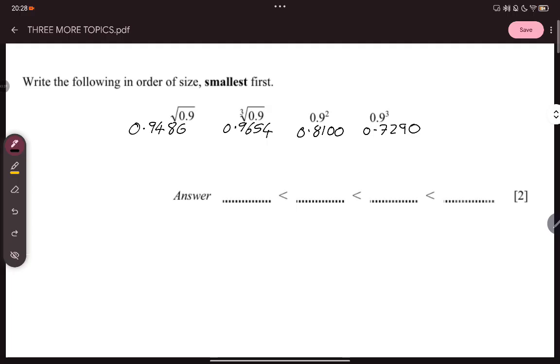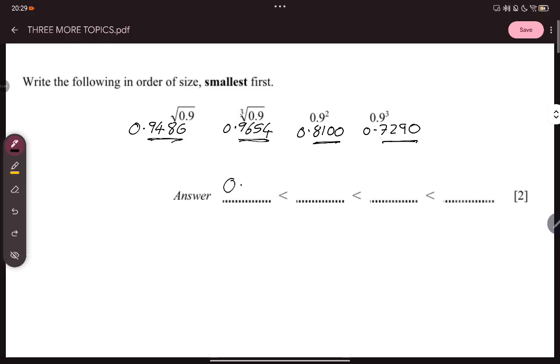And because they all start with 0 point something, all I have to do is look at the right-hand side after the decimal point, and I can basically just treat these as numbers. So 7,290, 8,100, 9,486, 9,654. So the smallest number there is the 7,290.